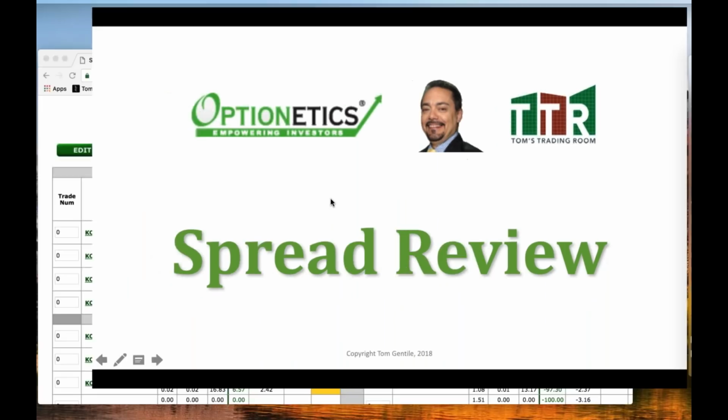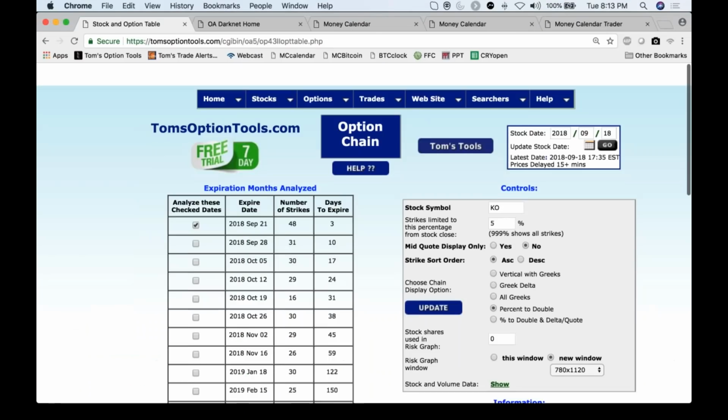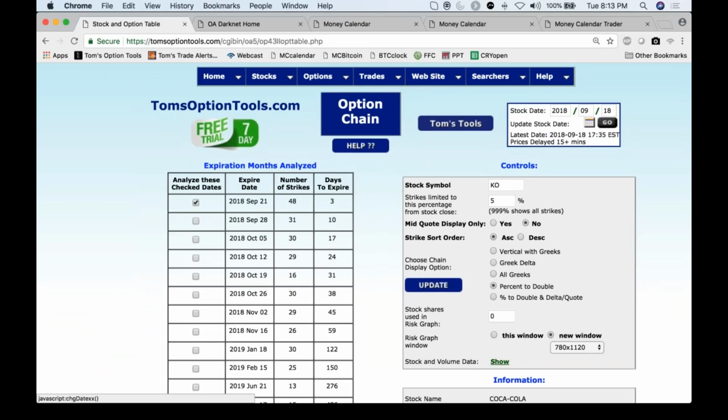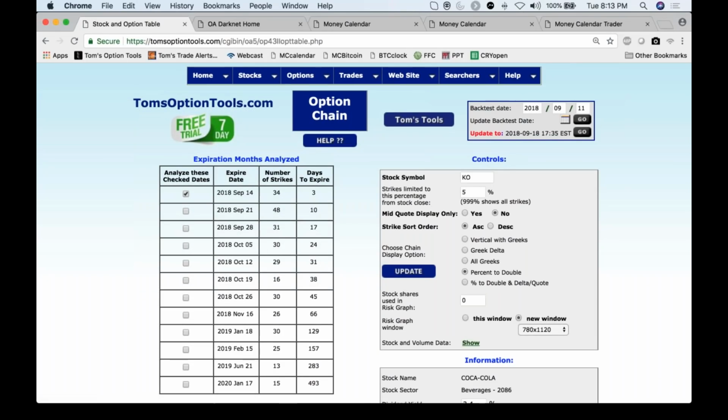So what we did was we looked at Amazon. In fact, I'm going to take a look at Amazon right now, but I want to go back to 9/11, which was last week. So I'm doing that. My software allows you to go back several years. I've got years of option data right here, so you can back test. But let's type in AMZN, and let's go ahead and hit update.